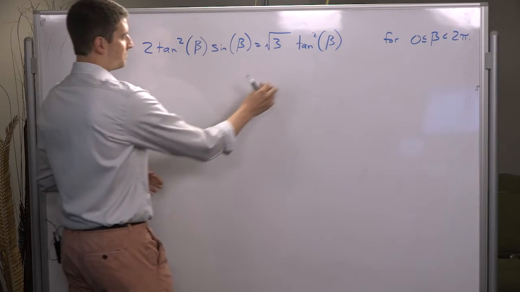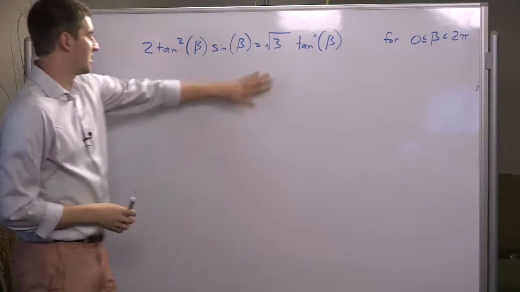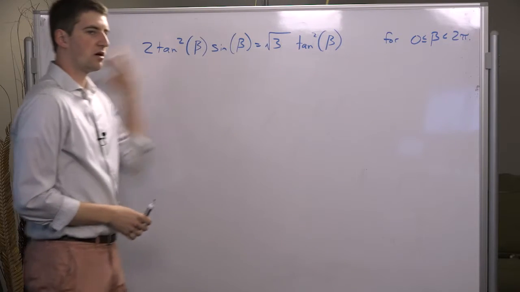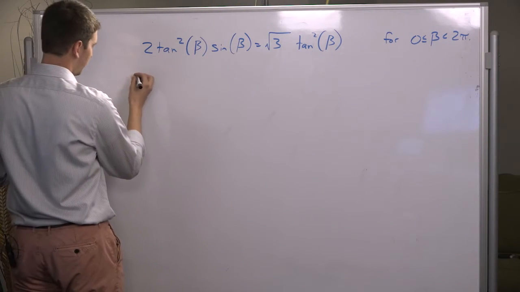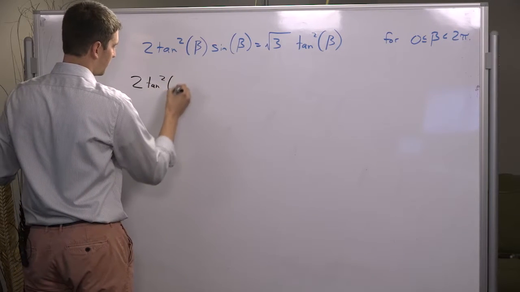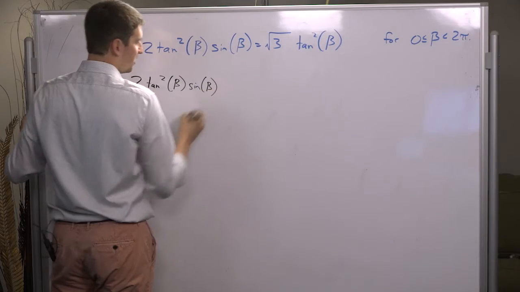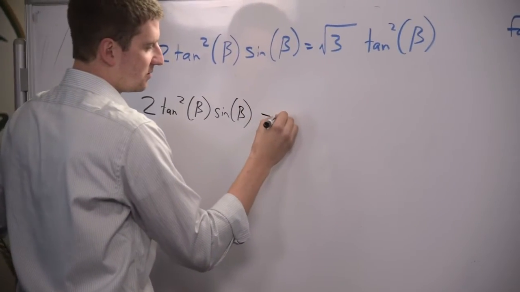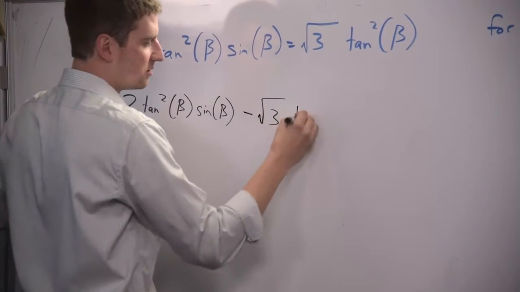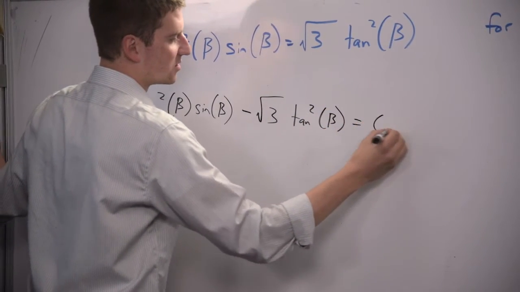So let's do that. Since we want to factor this, let's move the square root of 3 tangent squared of beta all over. So what do we have? We have 2 times tangent squared of beta times sine of beta, and now we're subtracting this square root of 3 tangent squared of beta, and that's all equal to 0.